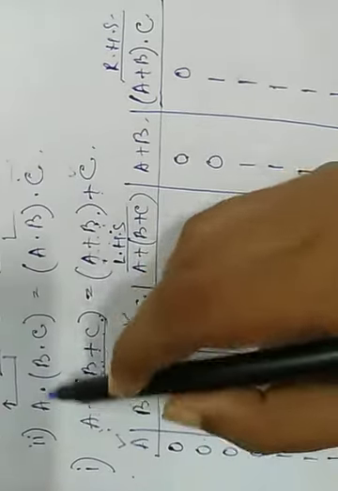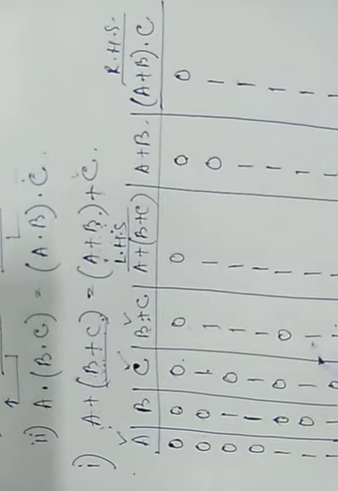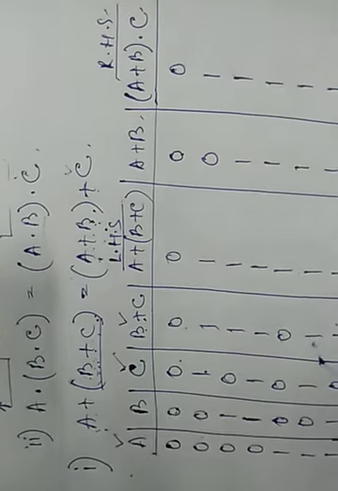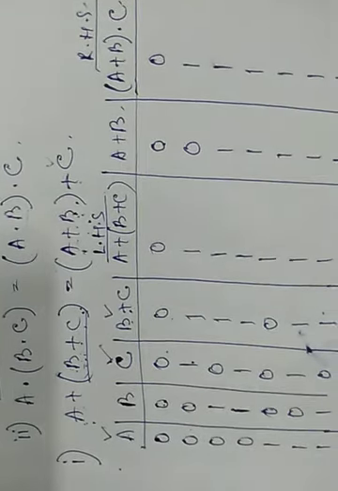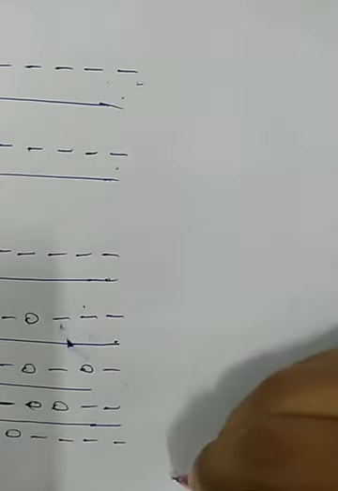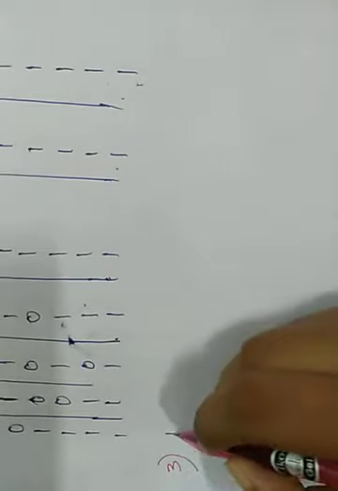By this way we can also prove A dot (B dot C) equals (A dot B) dot C. So the associative property is proved. Now our distributive law. The distributive law is also a very important law. You prove the second law by yourself.